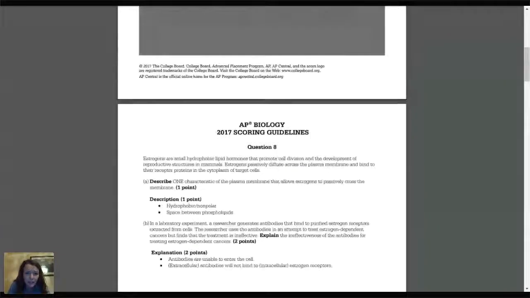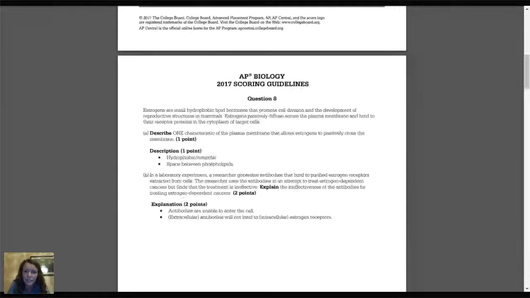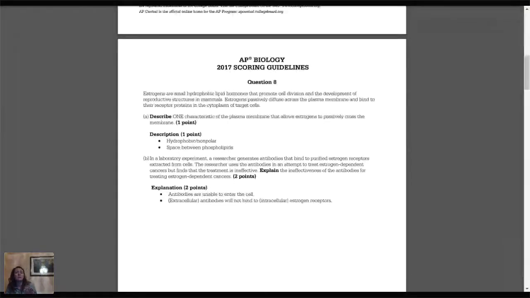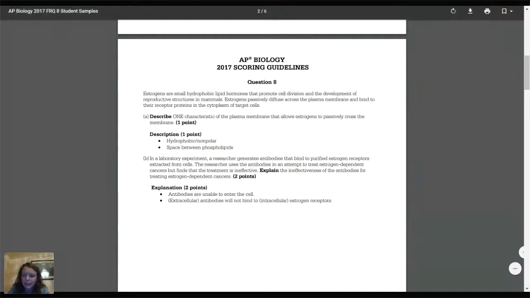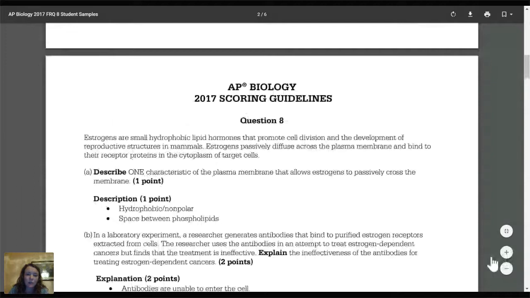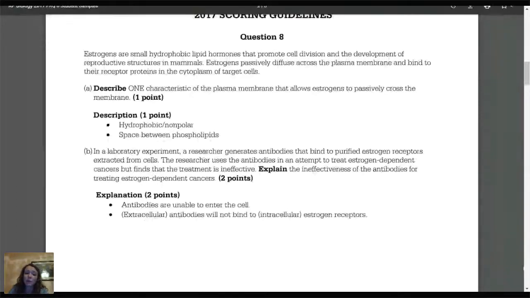Okay, but this one is another good practice. So this was question 8. So this is a short free response question. It's worth 3 points. You will have a couple of short free response questions that are good practice. And this one says, I'll make it bigger. Estrogens, so we know about estrogen, it's a hormone, are small hydrophobic lipid hormones that promote cell division and the development of reproductive structures in mammals.